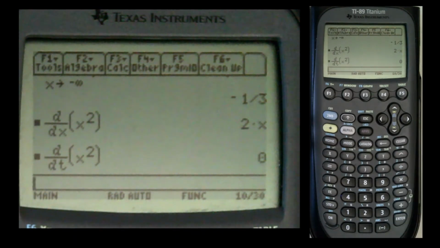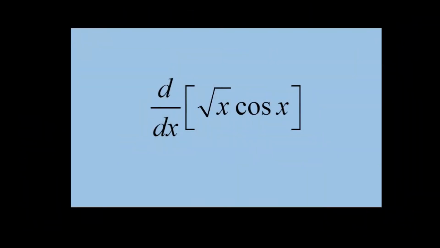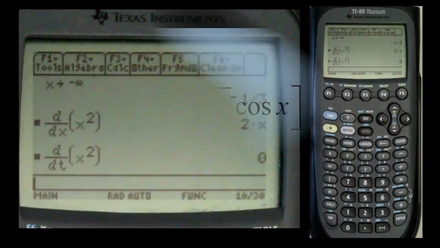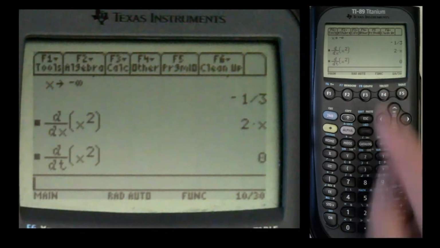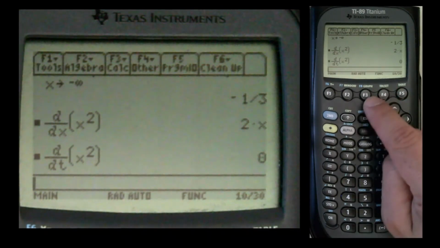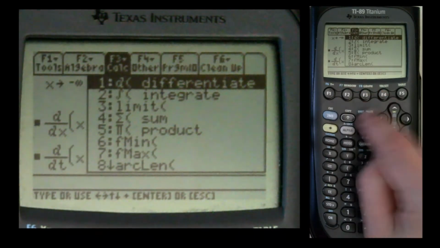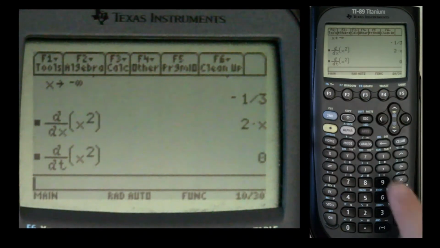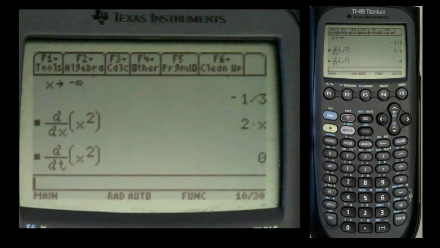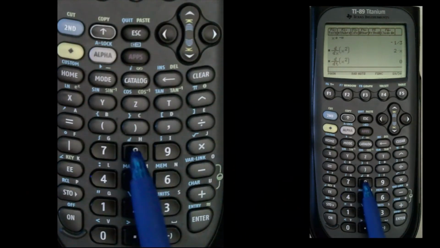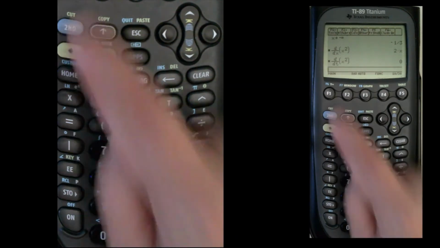Let's do another, a little bit more complicated example so you can see that it'll do it. Let's look at the derivative of the square root of x times cosine of x. And at this point, I also want to show you that you don't have to use the F3 menu to get it. You can hit escape to close the menu. If you look at the 8, you can see that there is a little blue D. That is the derivative.